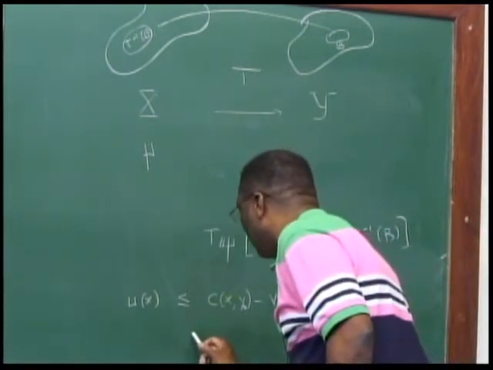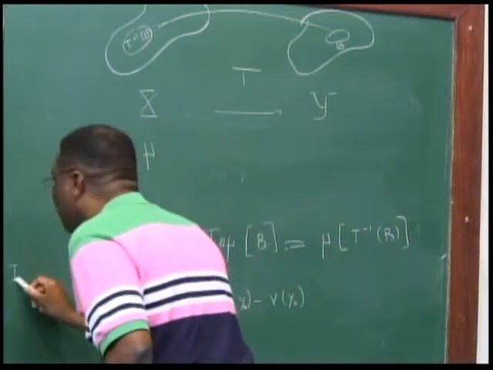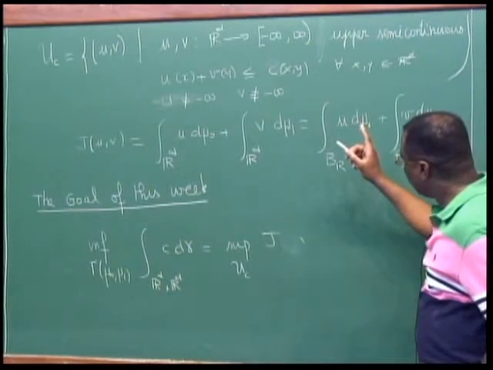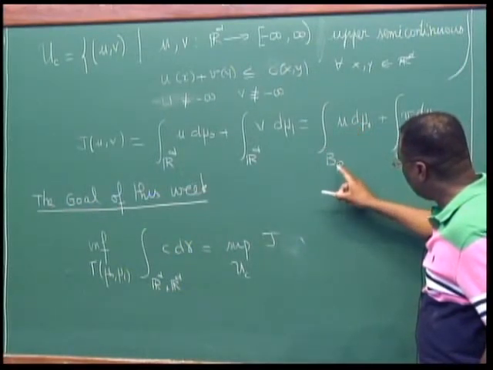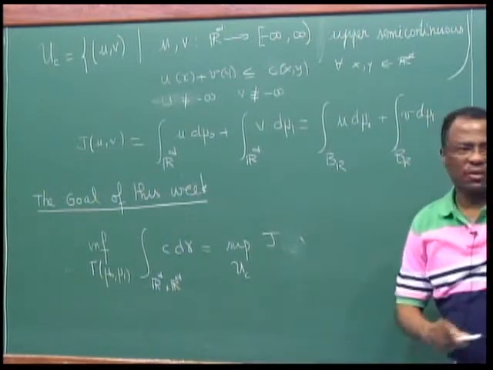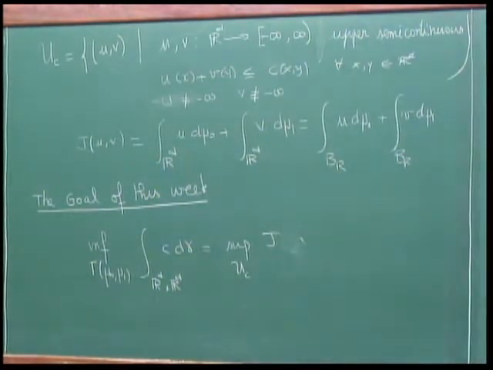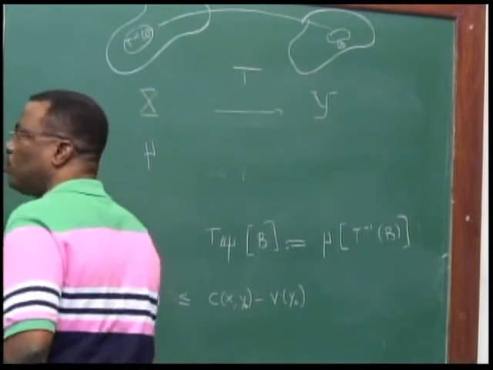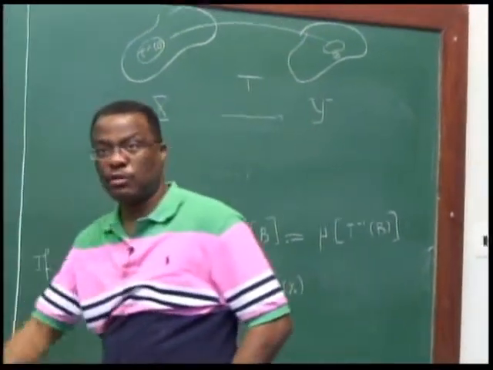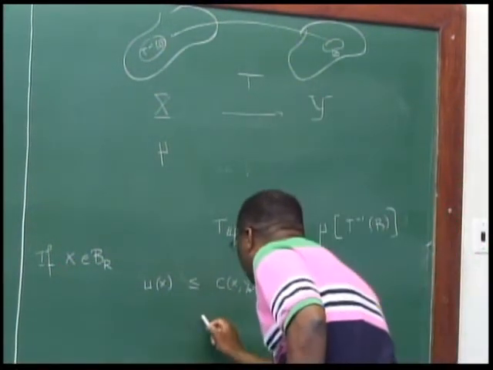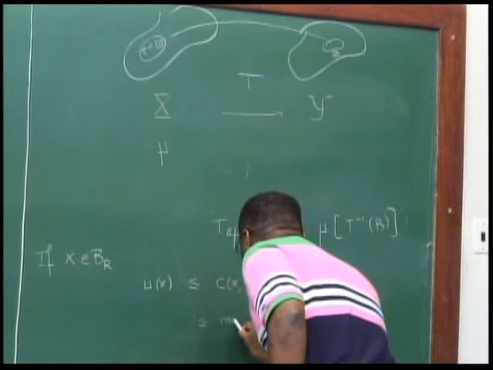Now, if x, you see here, I care only about the integral of u on the ball of radius r. So let me assume that x is in the ball of radius r, because outside the ball, the measure mu naught is 0. Then this is less than the maximum.